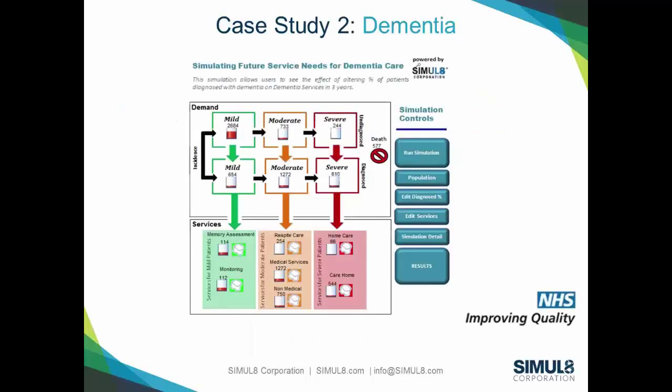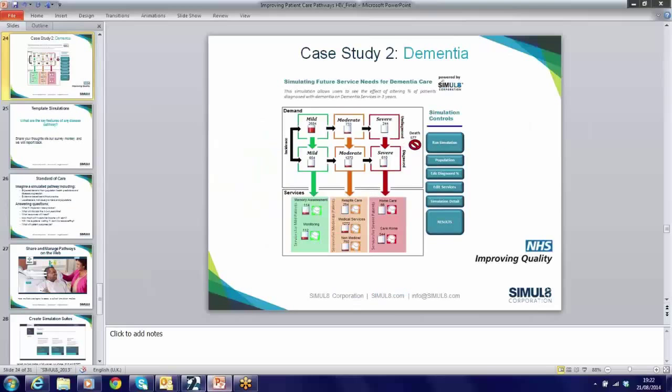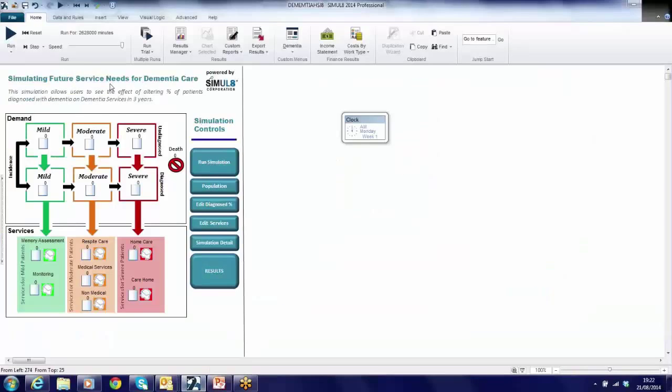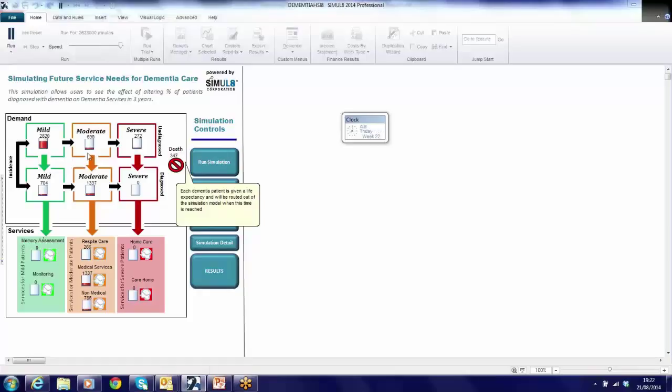I also wanted to show you a similar case study, but this time looking at dementia. And I'm going to move over to the actual model now to show you this. Now, this is dementia care, and again, it's got that disease progression at the top here. I'll just set that running to show you. And we've got the progression from mild to moderate to severe.